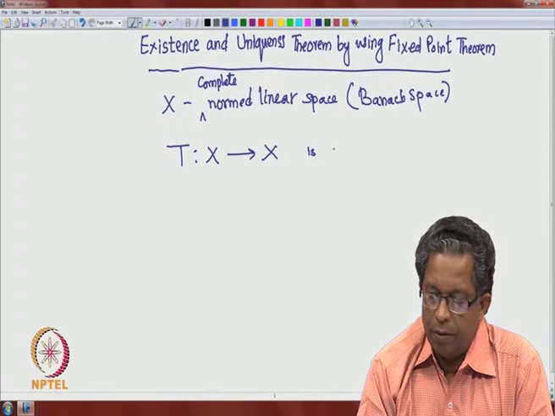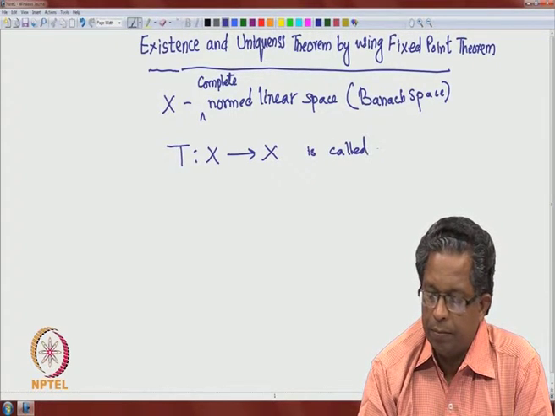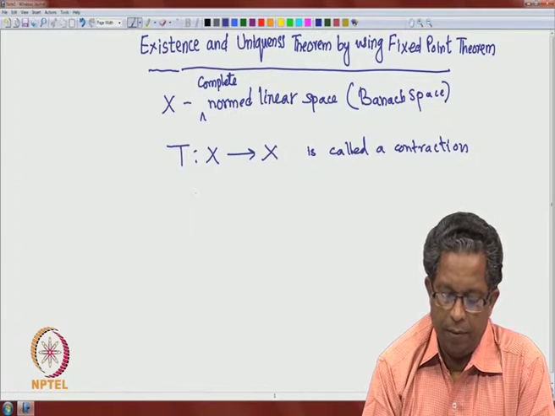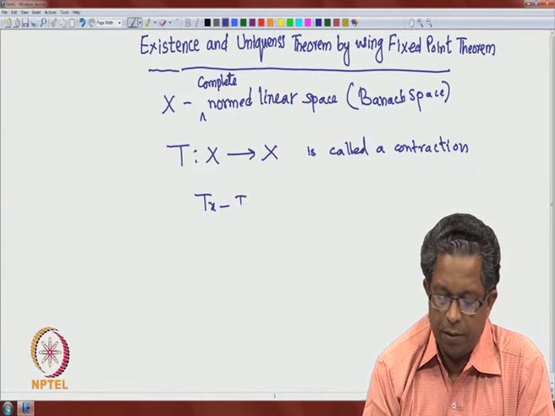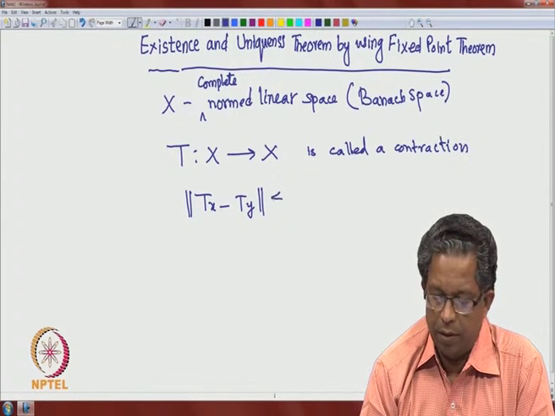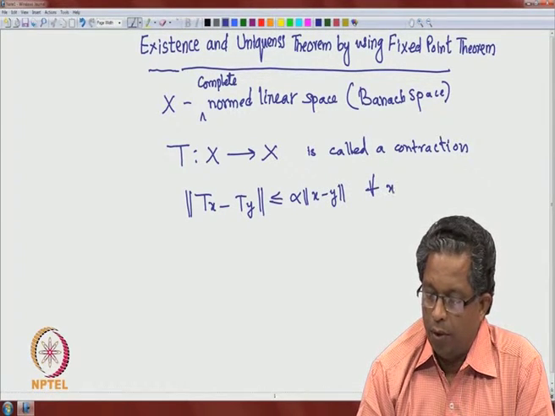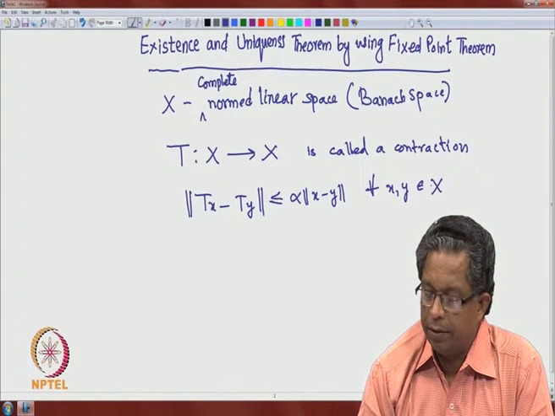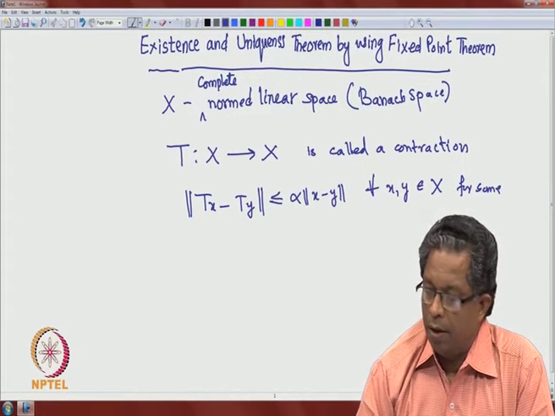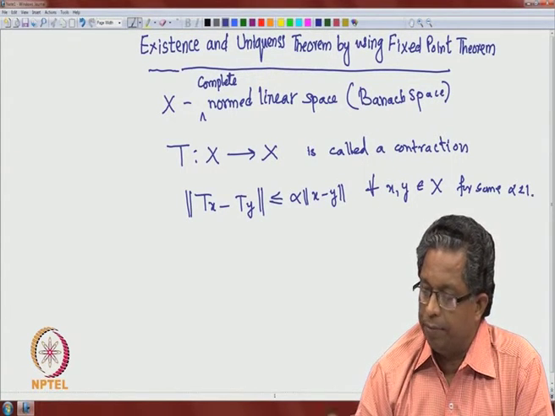So T is called a contraction if the norm of Tx minus Ty is less than or equal to alpha times the norm of x minus y for all x, y in X and for some alpha strictly less than 1.